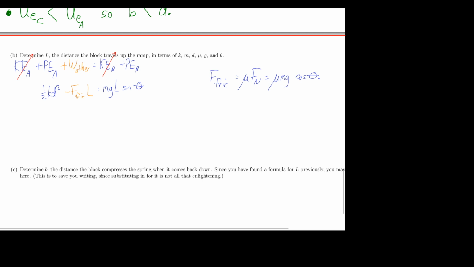If not, draw a free body diagram and think about the motion perpendicular to the ramp. So this gives us that 1/2 kd squared minus mu mgL cosine theta equals mgL sine theta.